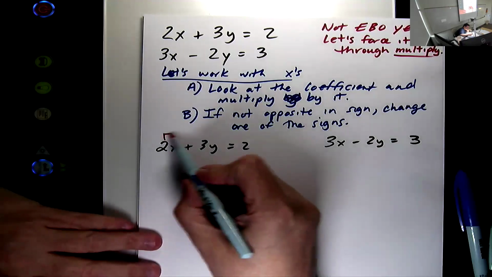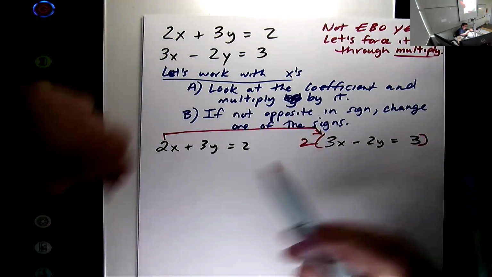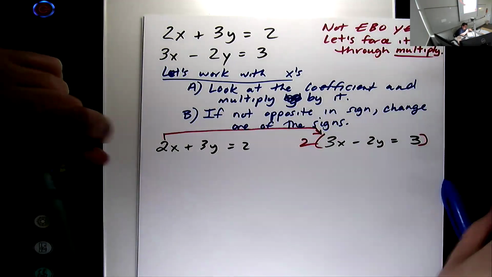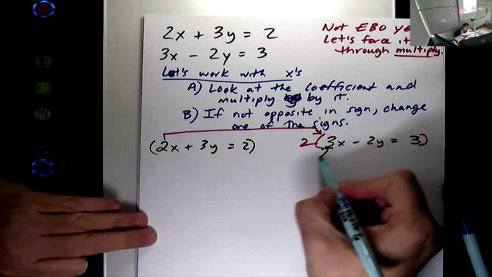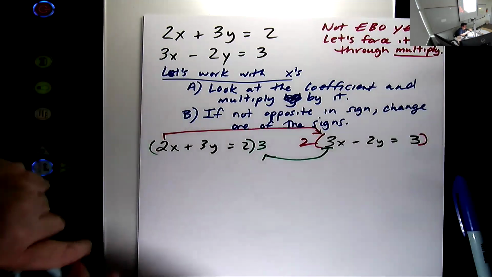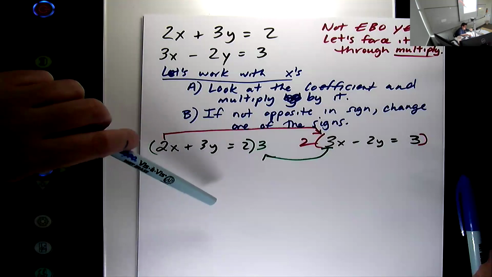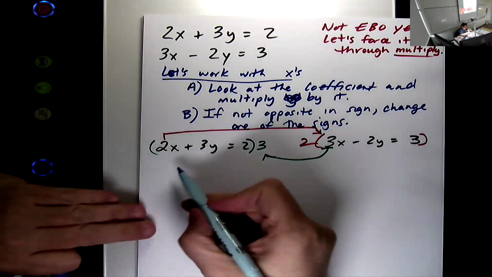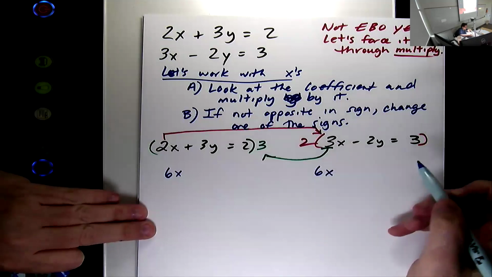We're going to take this 2 and multiply this equation by it. We're going to take this 3 and multiply this equation by it. I think you can see that in both circumstances, I'm going to end up with a 6x for the first thing.